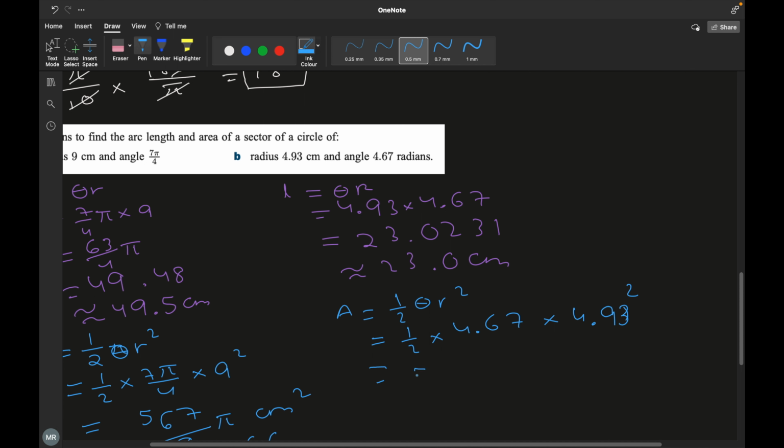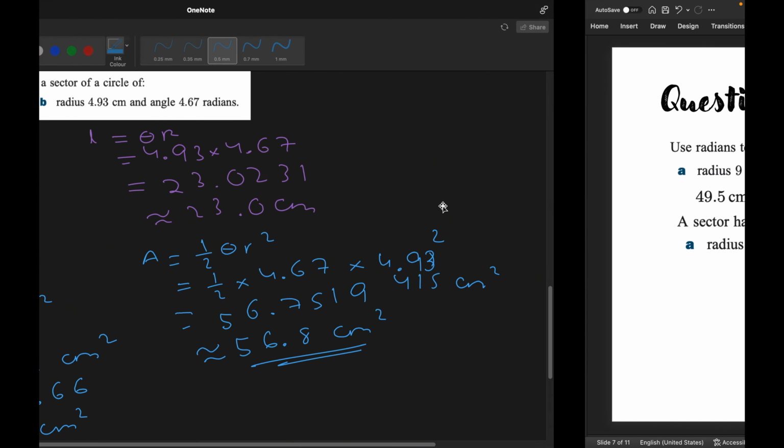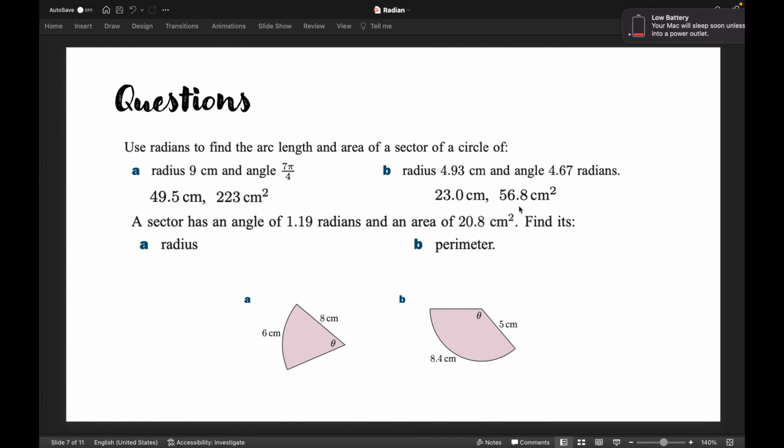We get 56.75199415 cm squared, and we can round this off to 56.8 cm squared. It's our final answer. Let's verify this. Yes, that is our answer.